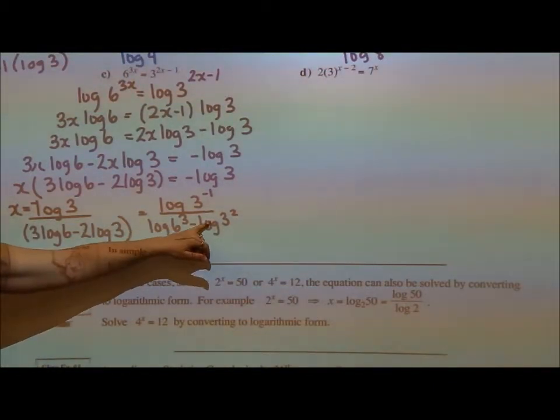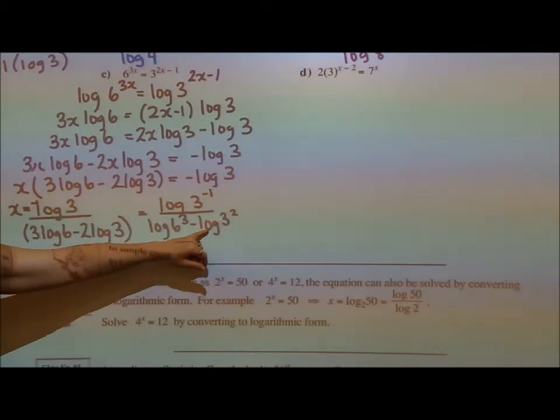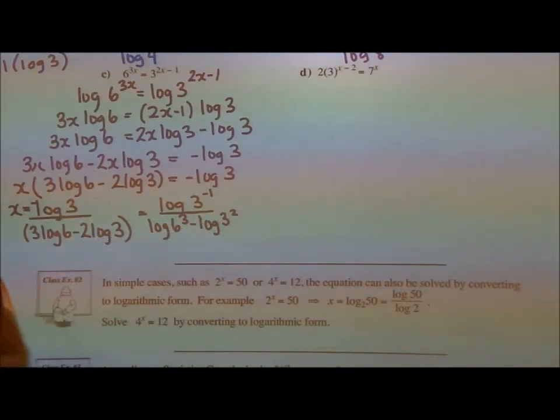How can I combine these? What's my law that I can use to combine? Look on the cover of your workbook.